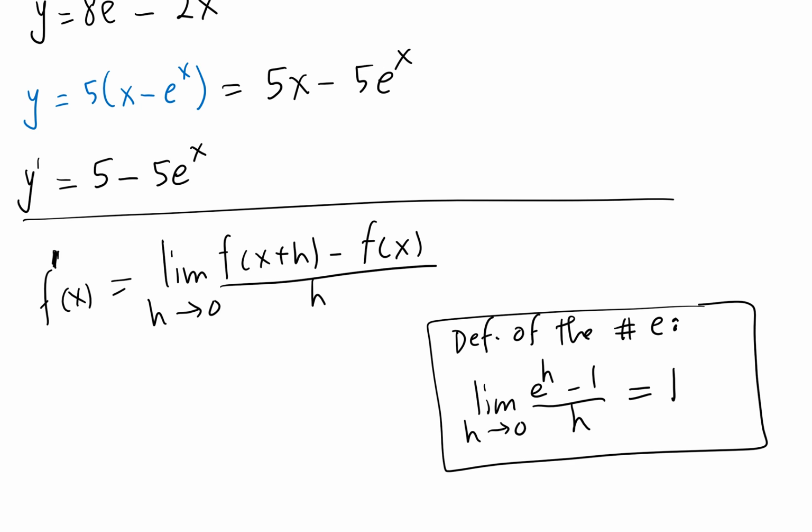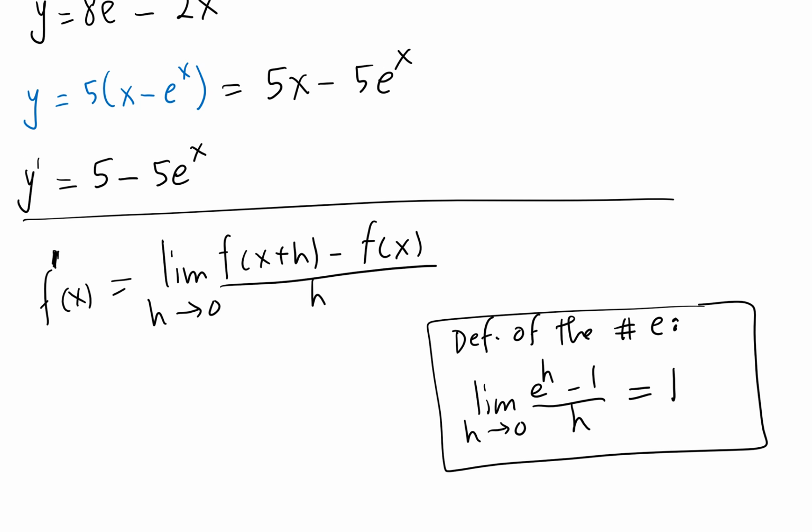You can run some testing using e about 2.71, with tables of values for e to the h minus 1 over h as h approaches from the right side and left side, and you will see that the value is approaching 1. Later on we'll teach you another way to prove this is exactly 1.